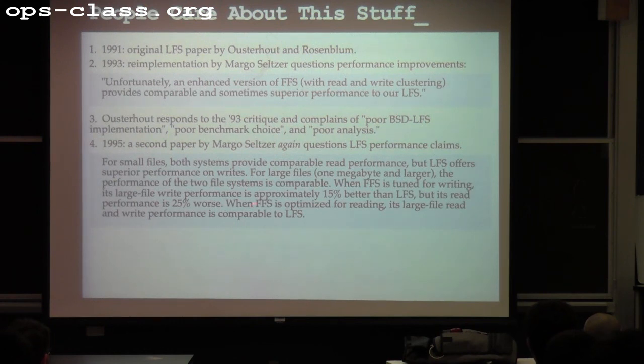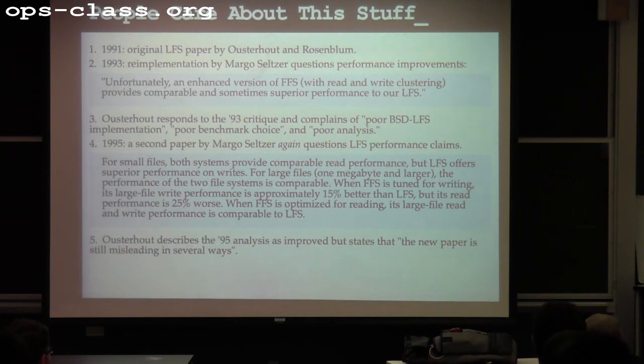And when you tune FFS for reading, its large file read and write performance is comparable to LFS. So this is probably starting to get to the point where we're doing science, because a lot of this is very much dependent on workloads. So this goes on, so this is misleading.